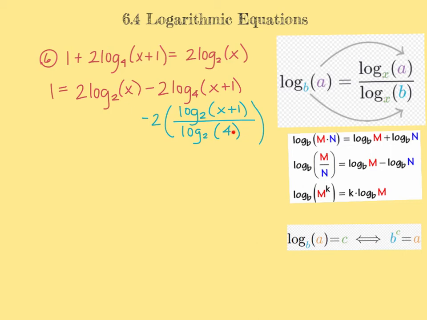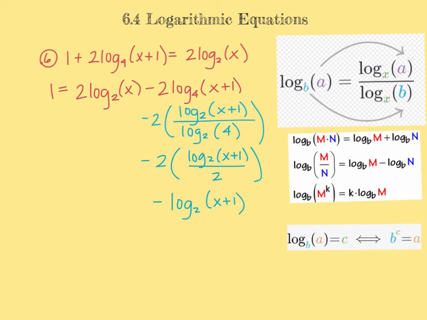2 to the what gives us 4, that is going to be 2. So this is really minus 2 log base 2 of x plus 1 over 2. This negative 2 and this 2 will end up canceling out to just a minus 1. So this will end up being just minus log base 2 of x plus 1 here.